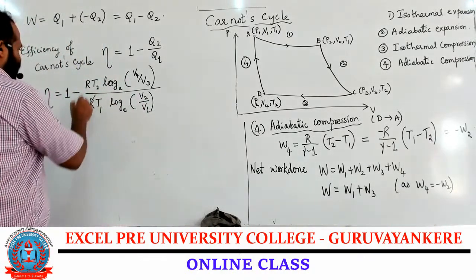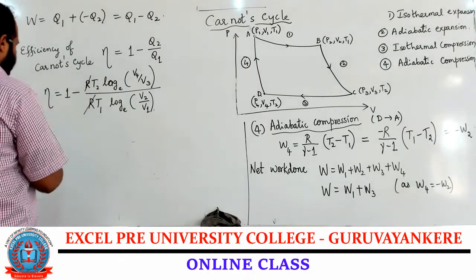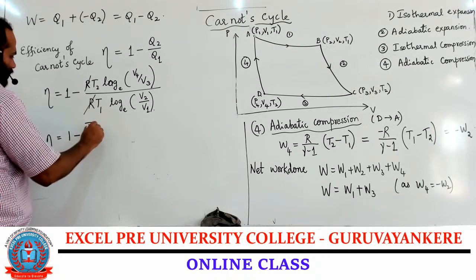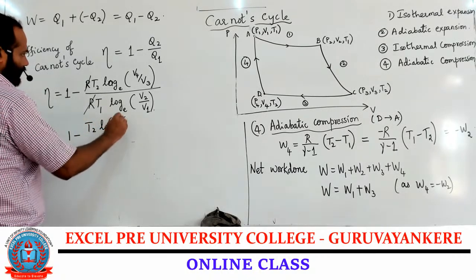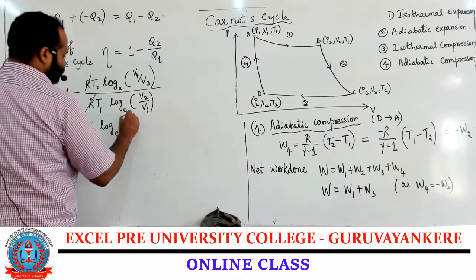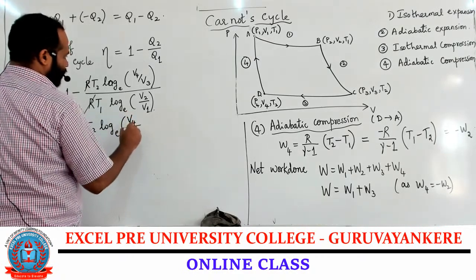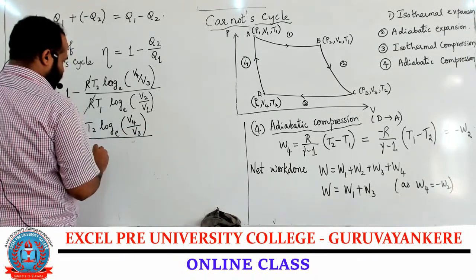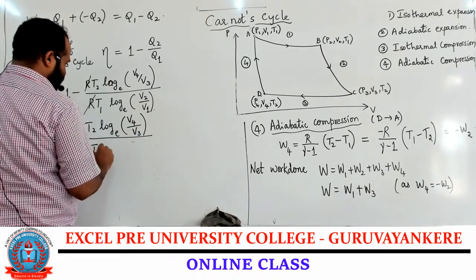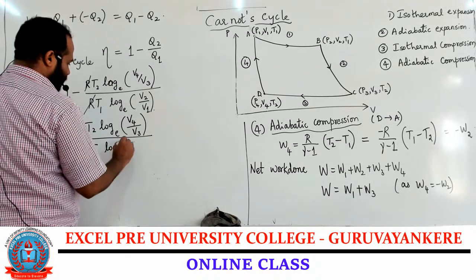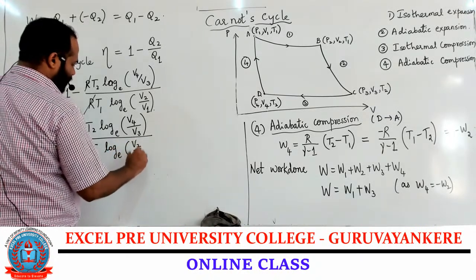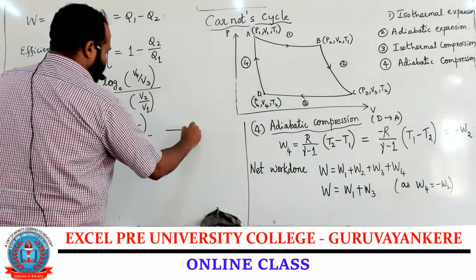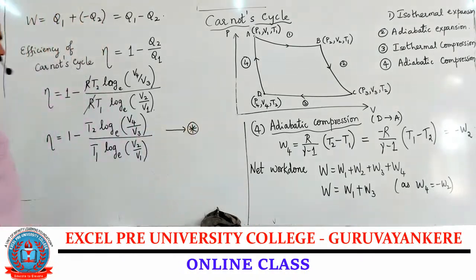Obviously R and R cancel, so efficiency comes to 1 minus T2 log to the base e V4 by V3 divided by T1 log to the base e V2 by V1. I name this equation star.